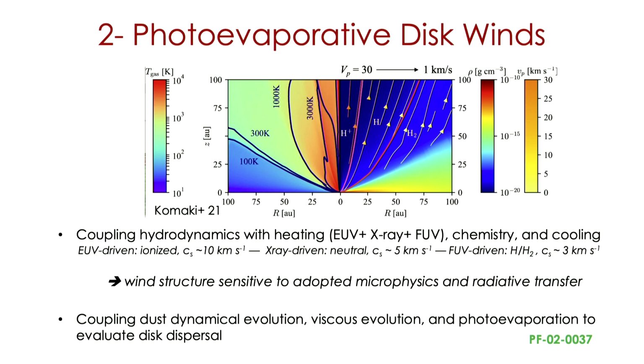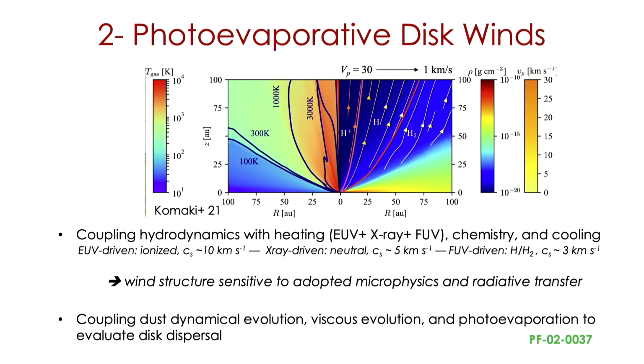And here you can see an example of a simulation by Komaki showing how this produces a very complex wind structure with a very hot, highly ionized wind in the middle, a neutral X-ray driven wind atomic at intermediate angles, and then at the disk surface a much cooler wind. It's more like a PDR-like flow that is atomic or molecular.